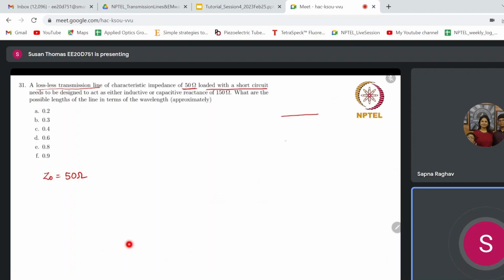So you have a transmission line which is short circuited. Z0 is 50, ZL is 0. Now, this has to be designed to act as inductive or capacitive. This is very important. You need to design this to make it what? Either an inductive reactance or a capacitive reactance of 150 ohm.